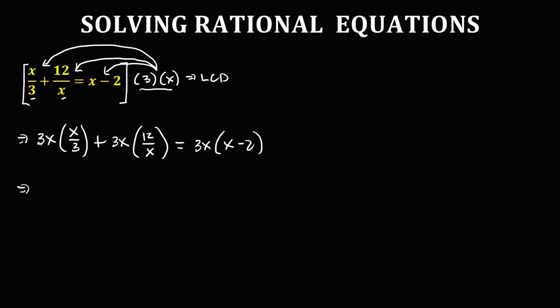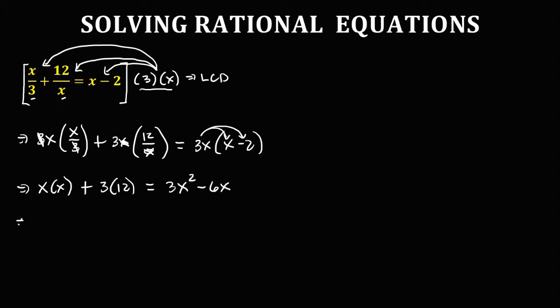Since we can cancel 3, we have now x times x, then plus, we can cancel x, so we have 3 times 12, then equals, distribute, this one is 3x squared, then 3x times negative 2, that's negative 6x.